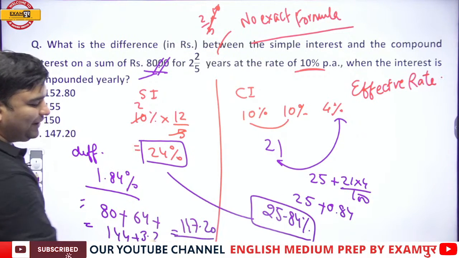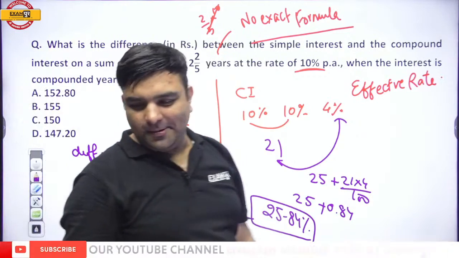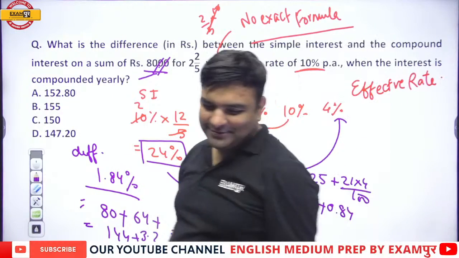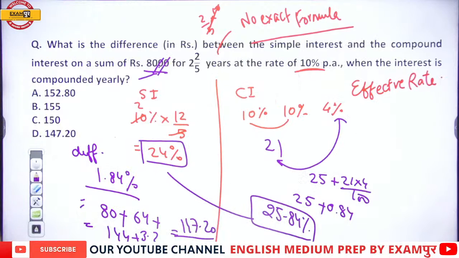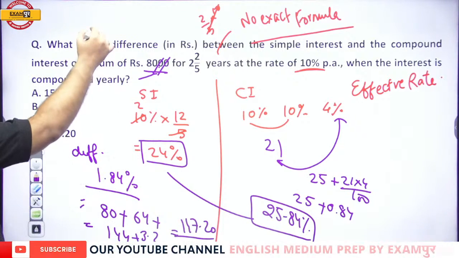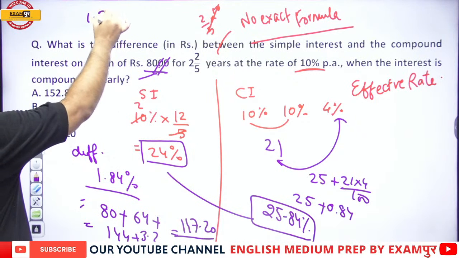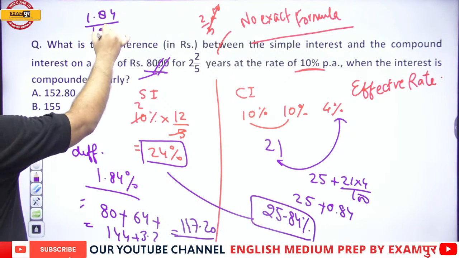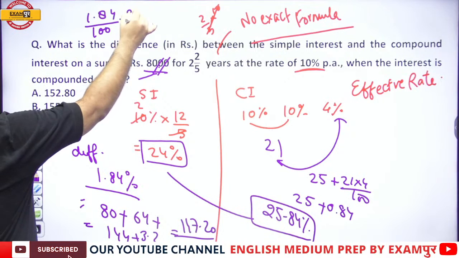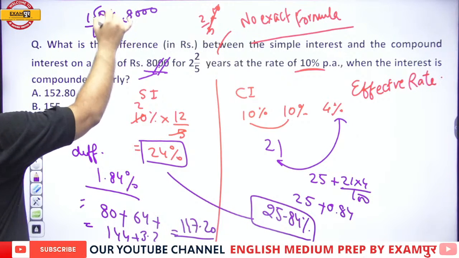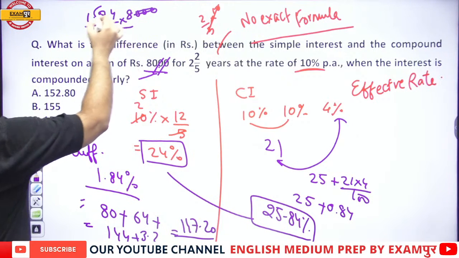Do you like this way of calculation? If not, then you can do the normal way of calculation as well, which is 1.84 by 100 of 8,000, in which you might be more comfortable.